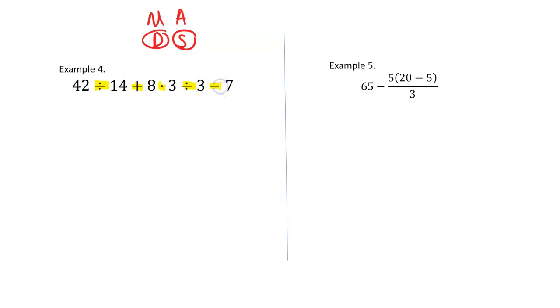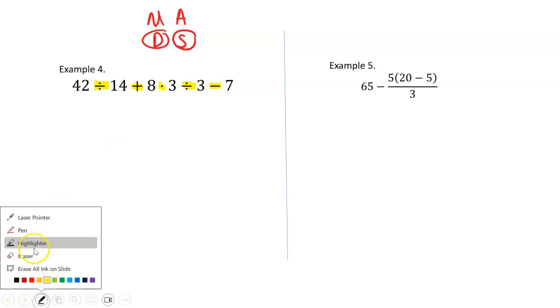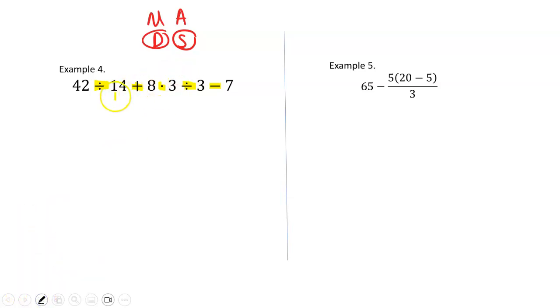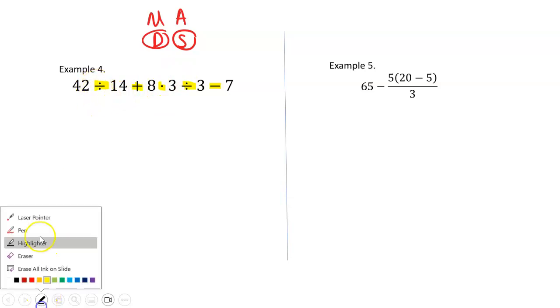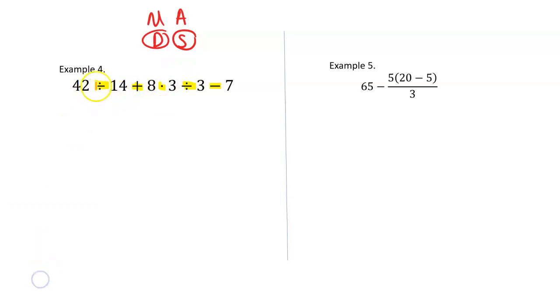Remember, multiplication and division have higher priority, so let's start with those: this division, this multiplication, and this division. And between multiplication and division, there's no priority.